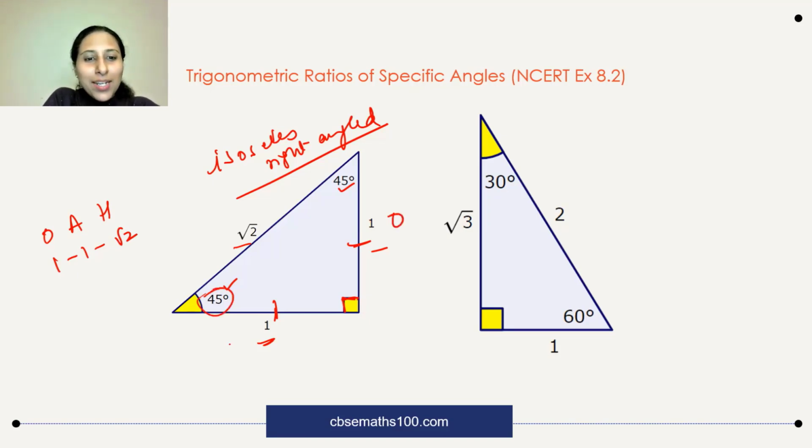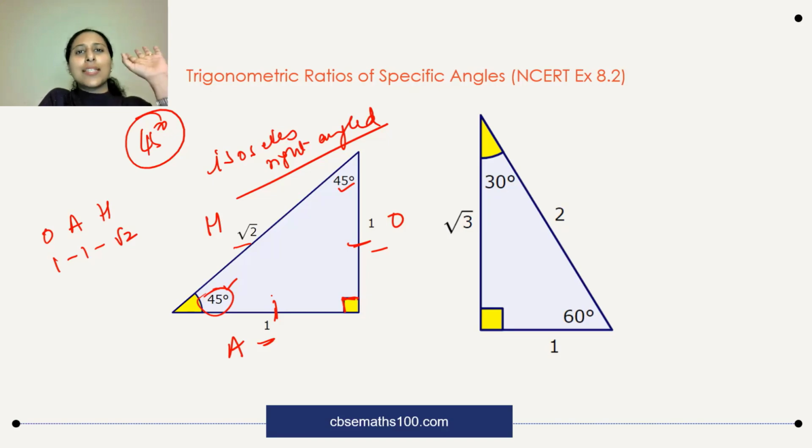Remember this: for 45 degrees, I am going to use this isosceles right-angled triangle, two sides which are equal, 1 and 1. Obviously, hypotenuse will be root of 1 square plus 1 square, root 2 by Pythagoras theorem. So I get 1, 1, root 2 as opposite, adjacent, hypotenuse.